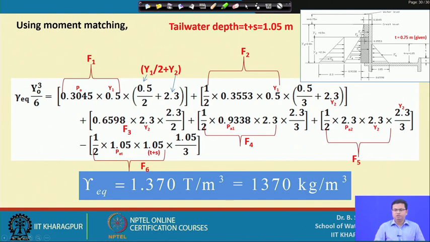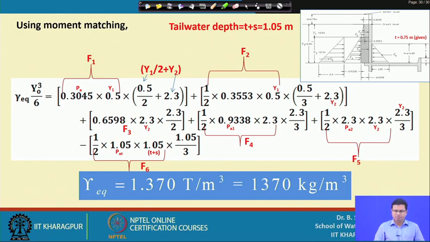Now, in a similar way, you can use the moment matching technique about the line x x. The total moment due to the equivalent fluid pressure is given by gamma E q into y naught q divided by 6.